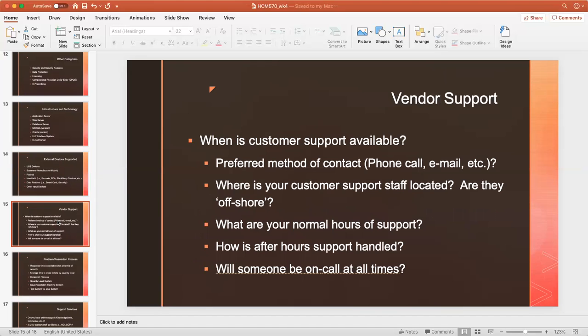When is customer service available? You have to ask the question. Remember that in a physician's office, you just have to check on the scope. There are physicians' offices that are open at 7 in the morning. There are other physicians' offices that are open until 10 o'clock at night.